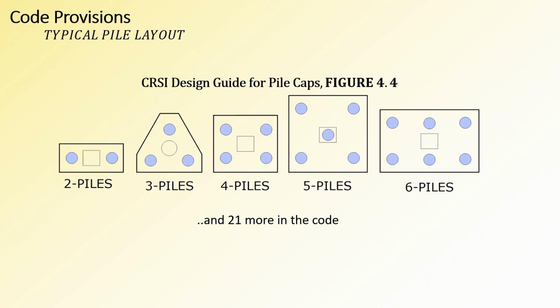Utilizing these standard layouts offers several advantages. Not only does it streamline the design process by providing efficient and pre-established configurations, but it also enhances constructability. The familiarity of these layouts among contractors ensures ease of implementation and reduces the potential for errors during construction.